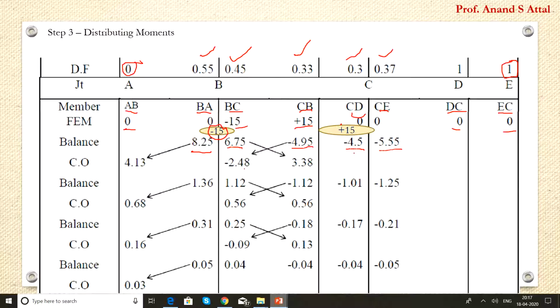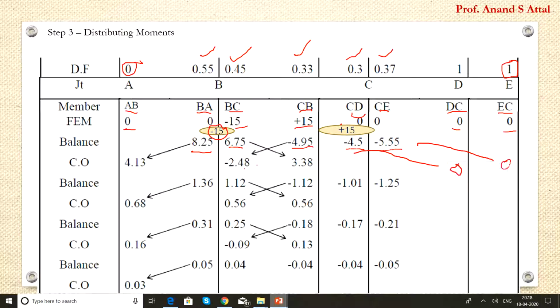On CD we distributed minus 4.5, but on DC we carry over 0 because the far end is hinge, and on a hinge or roller the carryover factor doesn't go, it is 0. Similarly at CE there is minus 5.55. On E there is no carryover, it goes 0.